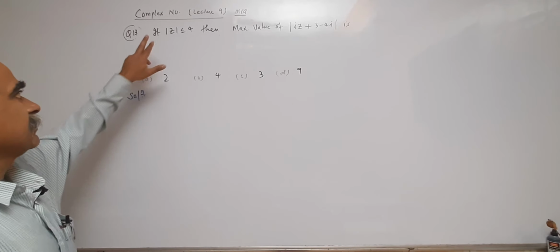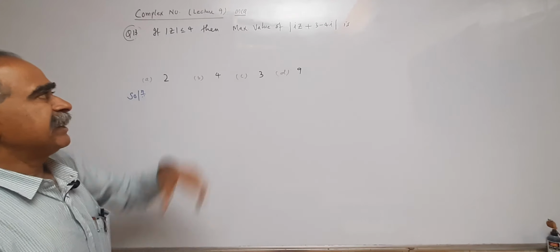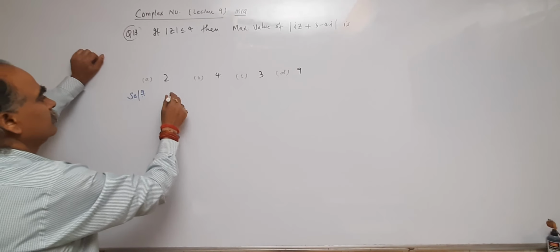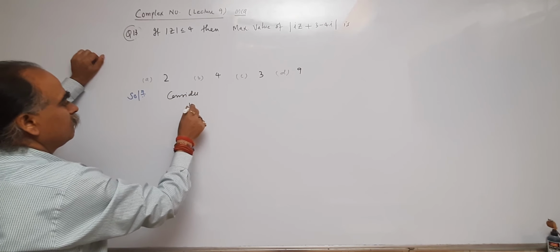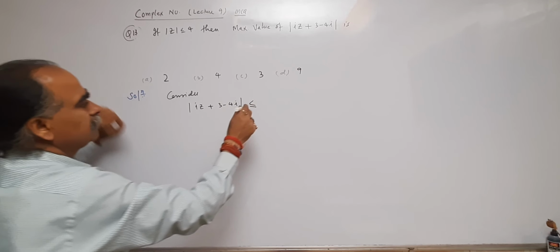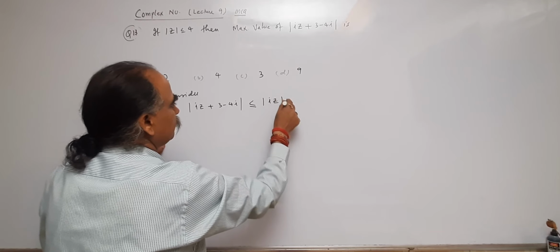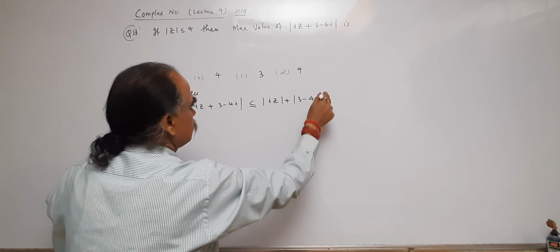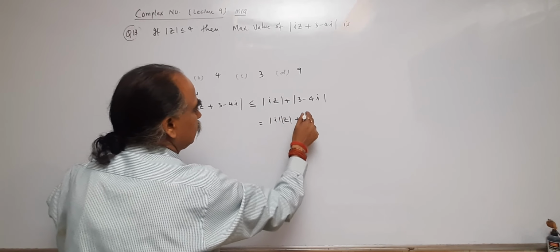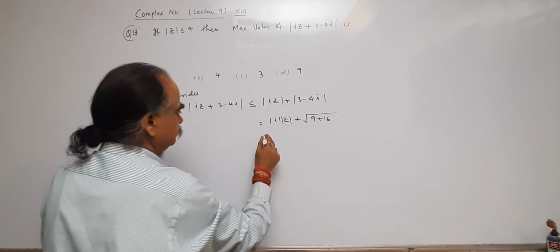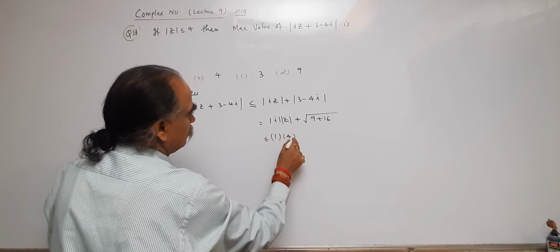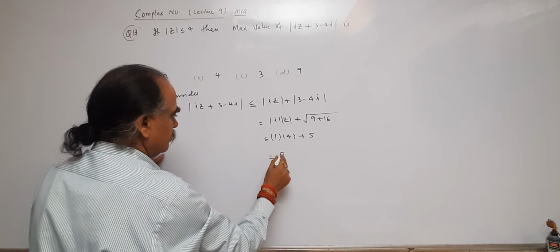Okay, next example is, if mod z is less than or equal to 4, then the max value of modulus of iz plus 3 minus 4i is, consider modulus of iz plus 3 minus 4i, which is less than or equal to modulus of iz plus modulus of 3 minus 4i, which is equal to modulus of i into modulus of z plus root of 9 plus 16. 1 into mod z is 4, plus 5, 9.